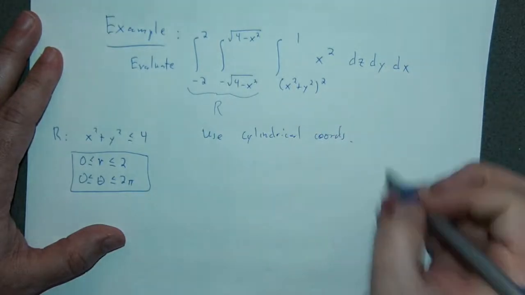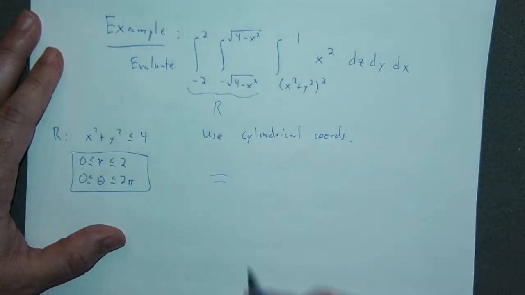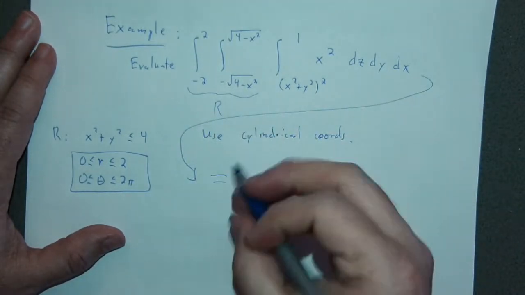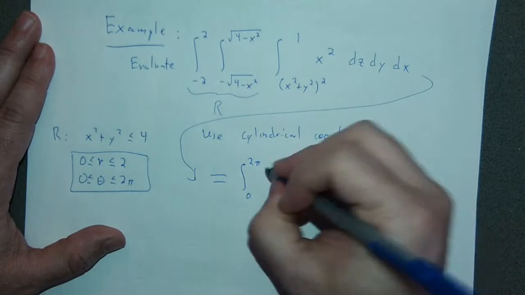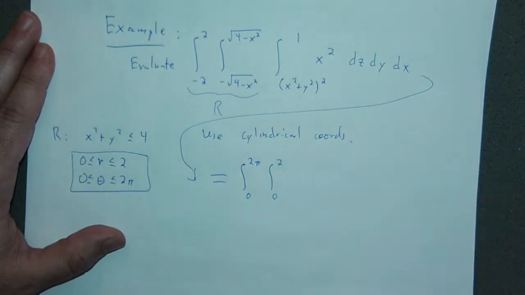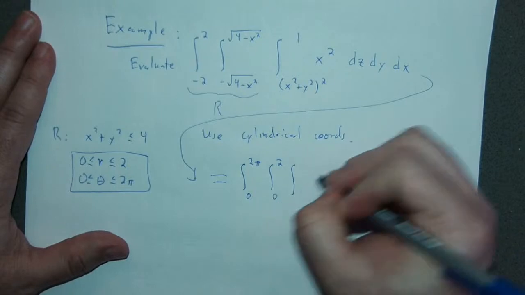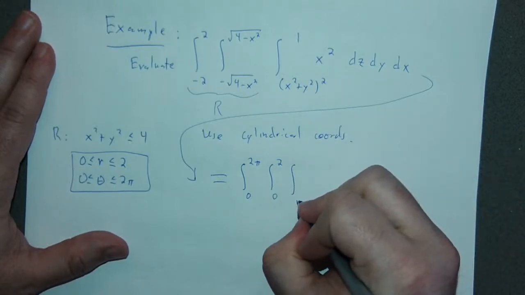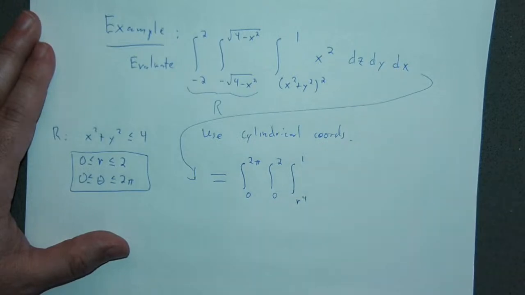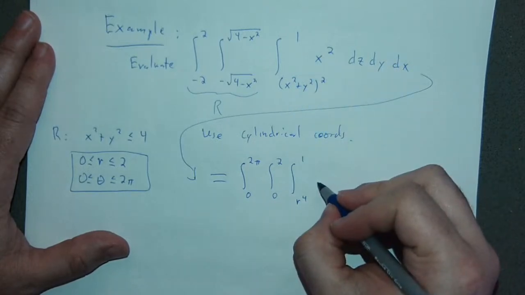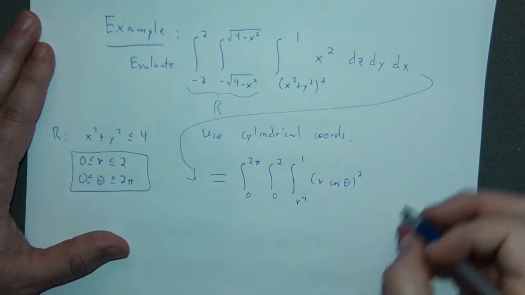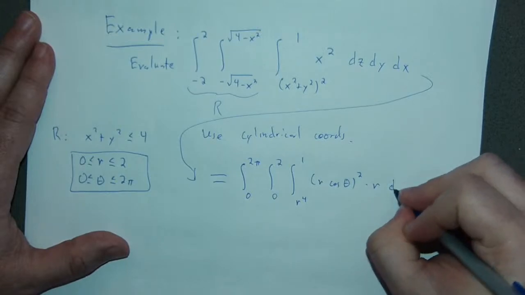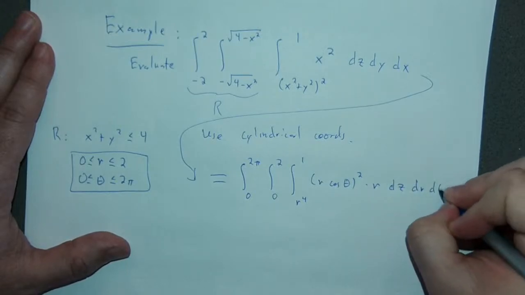When we do that, I'm not going to rewrite the original. This equals, rewritten using cylindrical coordinates, the integral from 0 to 2 pi, the integral from 0 to 2, the integral from r squared squared, which is r to the 4th, to 1, of x squared, which becomes r cosine theta all squared, times r dz dr d theta.